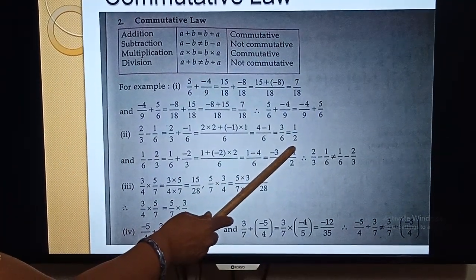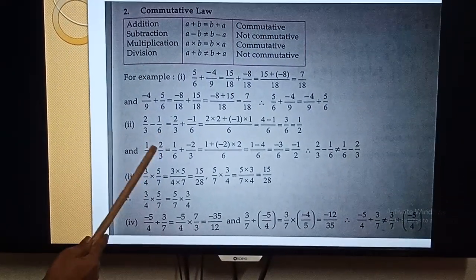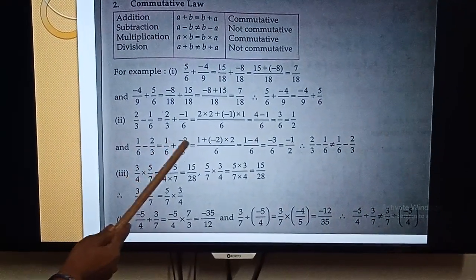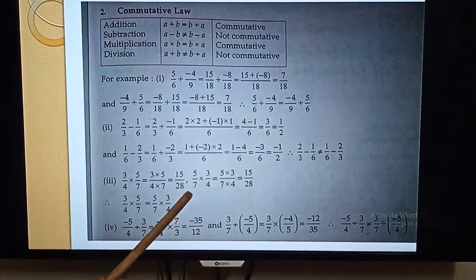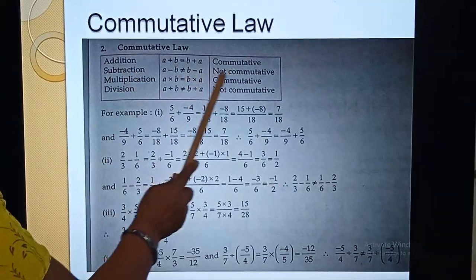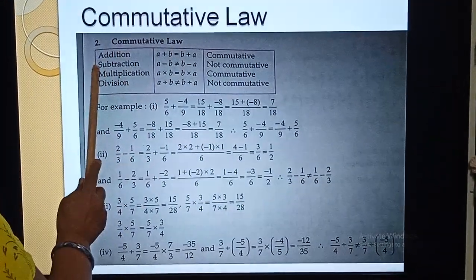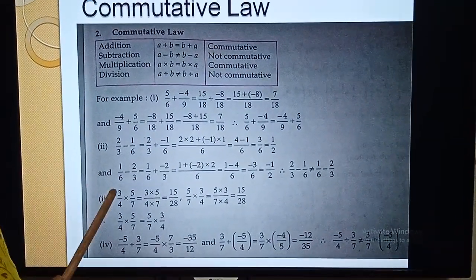Am I right? Then, in the same way, B minus A we have to find. On simplification, at the end we will get minus 1 by 2, which are not equal. Hence, the commutative law does not hold for subtraction of rational numbers.